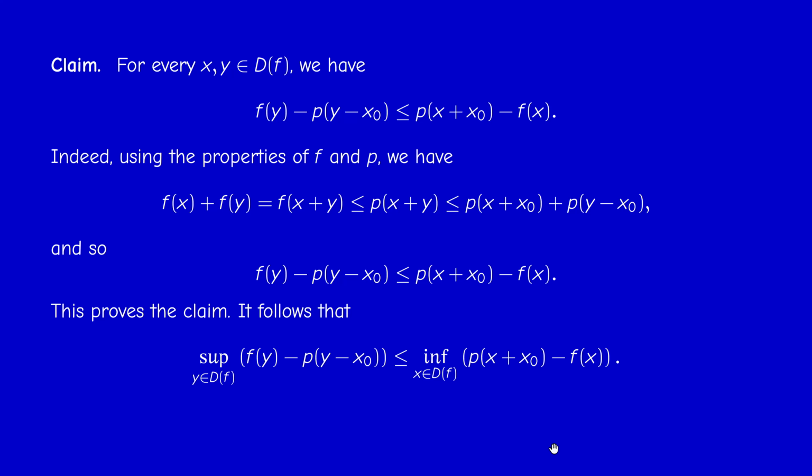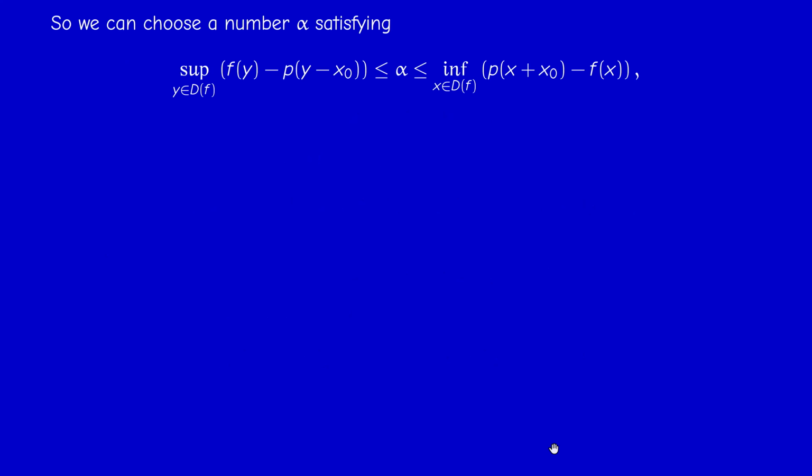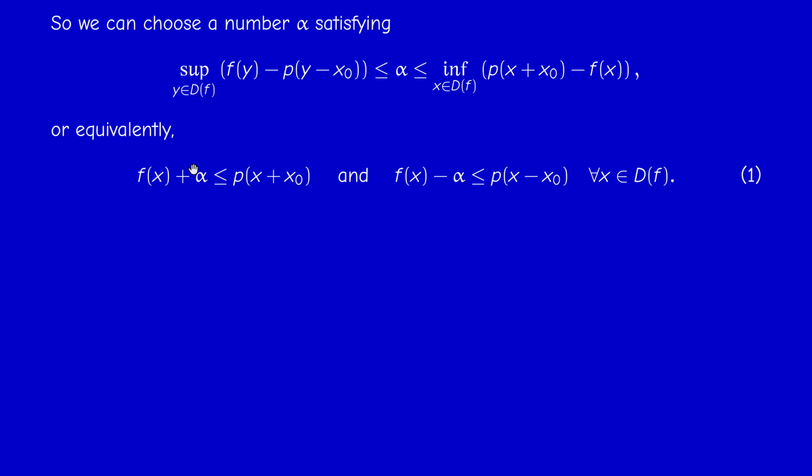And therefore, we can take a number alpha in between these two, supremum and inf. Okay? Or if you like, the other way around, because you can also say here sup of f of x minus p of x minus x0, x in df, same thing, because now x and y are dummy variables. So you can put f of z minus p of z minus x0, z in df.